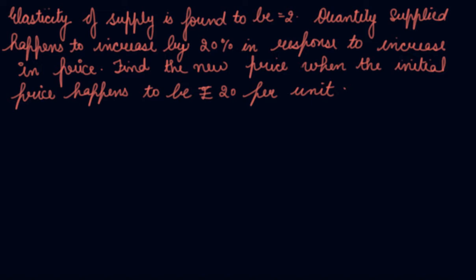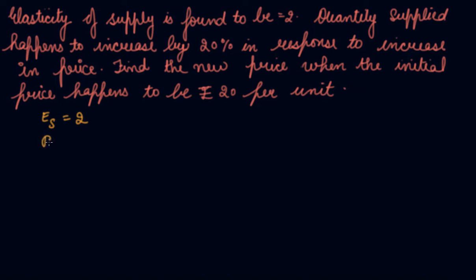Now we'll be doing another question on elasticity of supply. Elasticity of supply is found to be equal to 2. Quantity supplied happens to increase by 20% in response to an increase in price. Find the new price when the initial price happens to be rupees 20 per unit. Now what is given to us is that elasticity of supply is equal to 2, right?